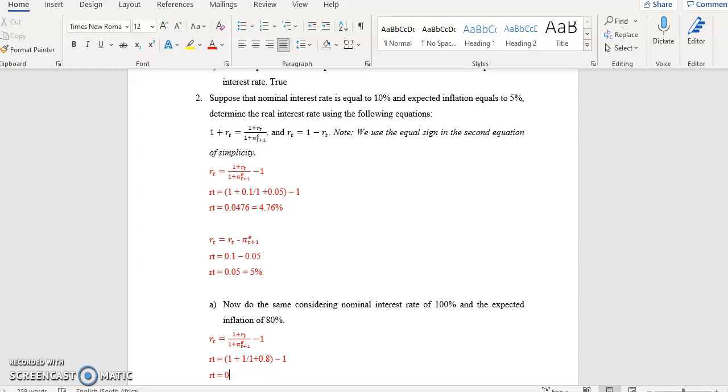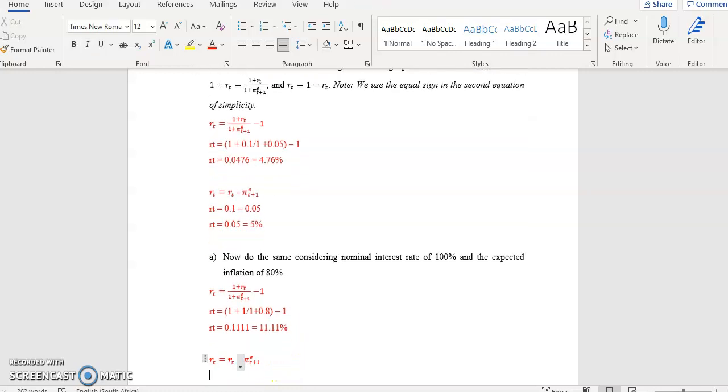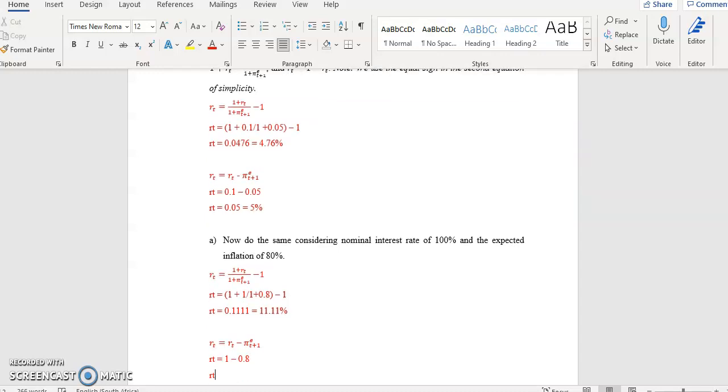From this equation we get 0.111. That means our real interest rate is 11%. Doing the same for the second equation, we substitute our nominal interest rate of 100% and minus the expected inflation of 80%, and then we get a real interest rate of 0.2, that is 20%.